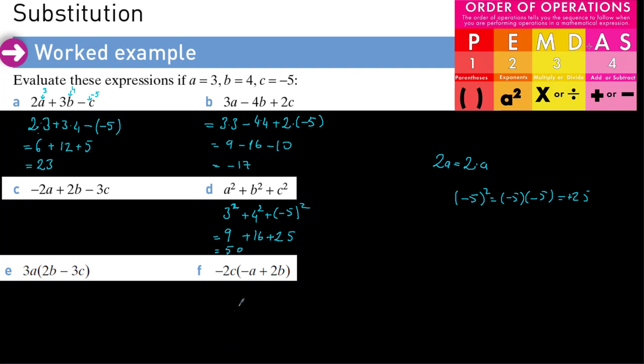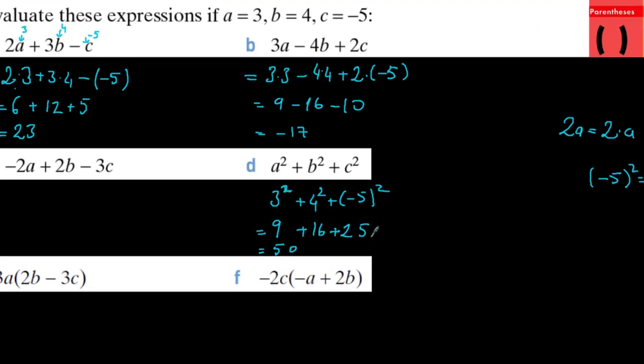I'm going to finish on this page and continue with the other page. Minus 2c minus a plus b. First I'm going to write it like this: minus 2 times -5, then open parenthesis, minus a means -3, plus 2b means 2 times 4. Firstly, inside the parentheses we should solve.